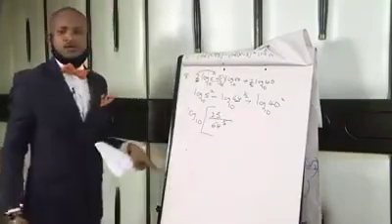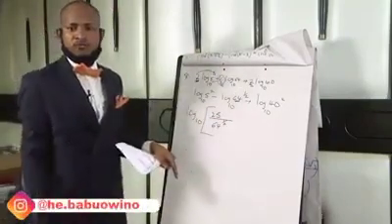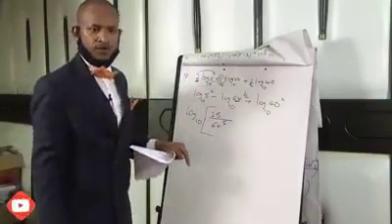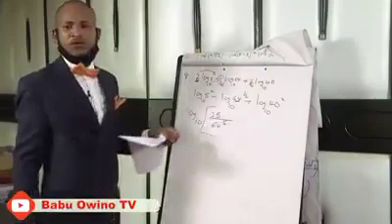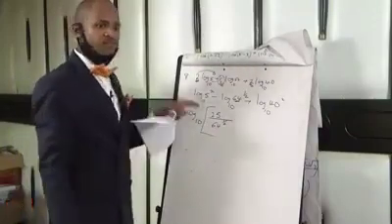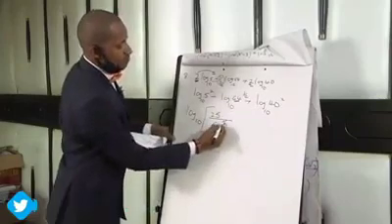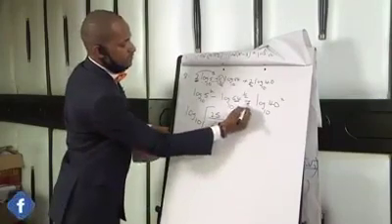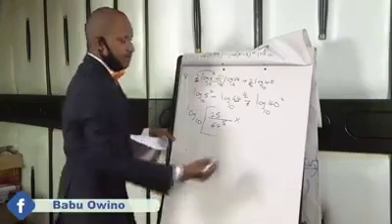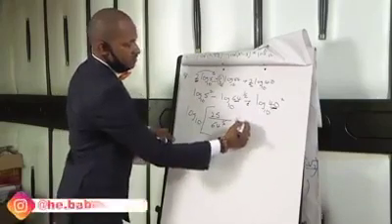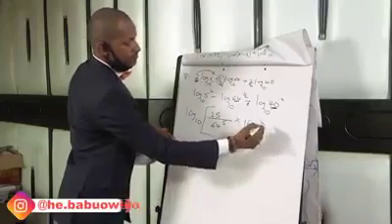A number raised to power half is the same as finding the square root of that number. A number raised to power third is the same as finding the cube root of that number. A number raised to power quarter is the same as finding the fourth root of that number. So this becomes 64 raised to power half, times, because of plus, this becomes 40 squared. 40 squared is 1600 from the calculator.